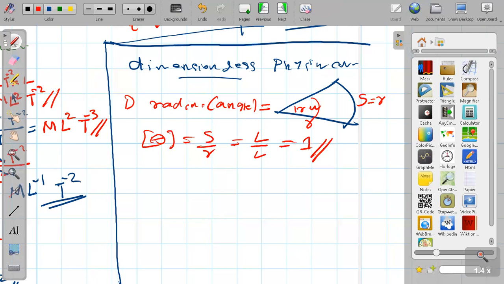The very next one is the coefficient of friction.